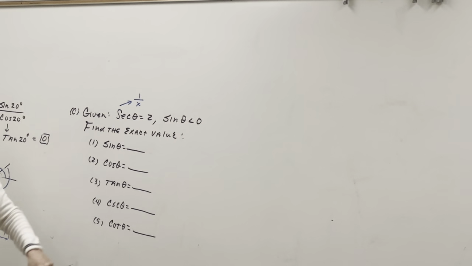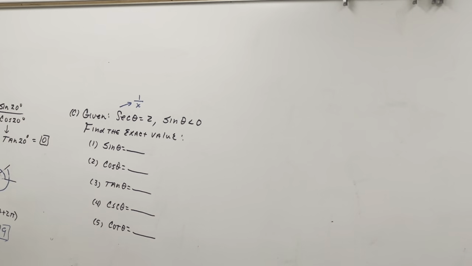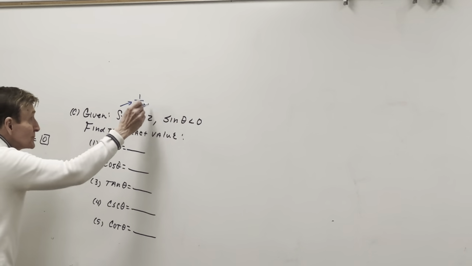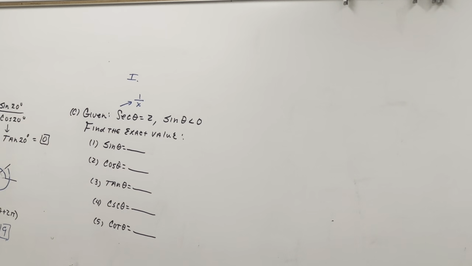Can anyone tell me of the 4 quadrants, just for that part there? Where is secant 1 over x guaranteed to be positive? Which of the 4 quadrants? First, everything's positive in 1, absolutely. And for secant to be 1 over x also positive, there's another quadrant, not second. 4.